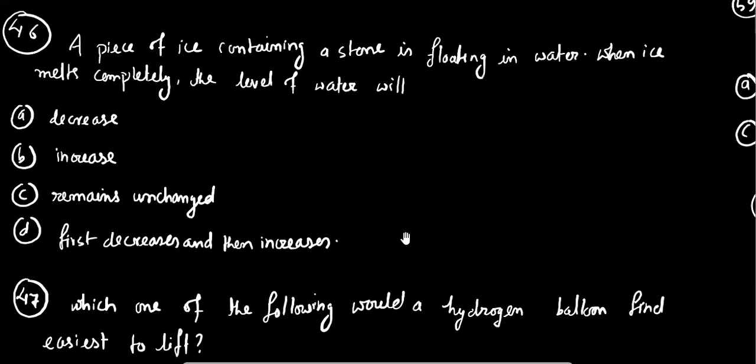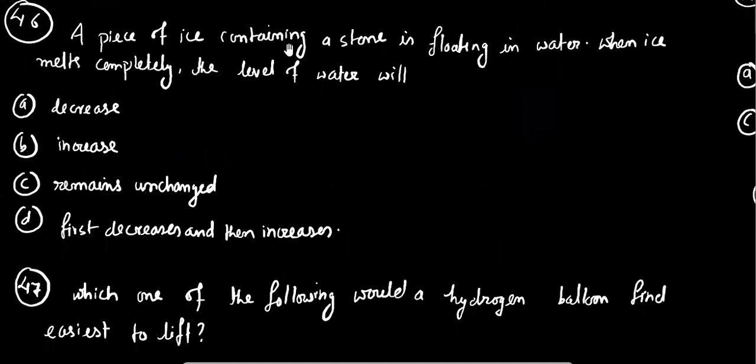Now we are going to discuss question number 46. A piece of ice containing a stone is floating in water. When the ice melts completely, the level of water will decrease, increase, remain unchanged, or first decrease and then increase.